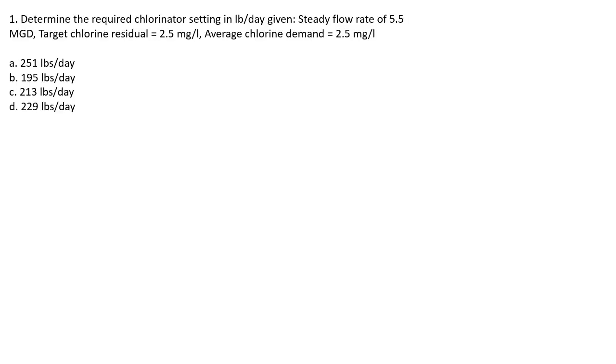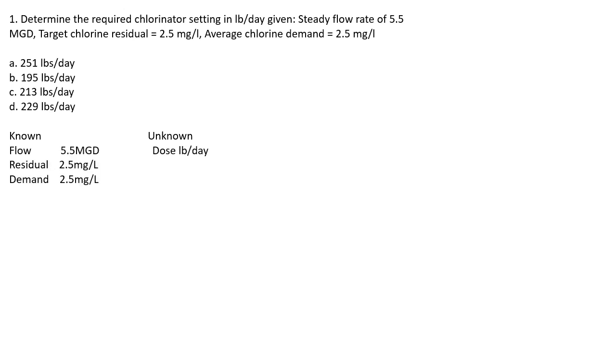Question 1. Determine the required chlorinator setting in pounds per day given steady flow rate of 5.5 million gallons per day, a target chlorine residual of 2.5 milligrams per liter, and the average chlorine demand is 2.5 milligrams per liter. Let's pull the known and unknowns out of the word question.